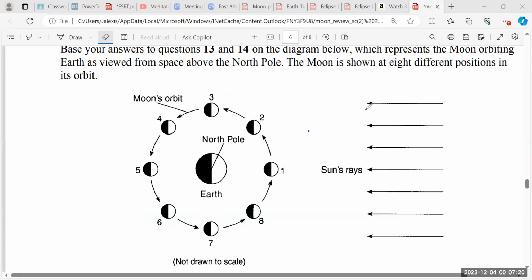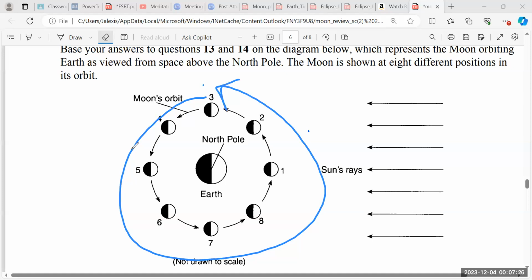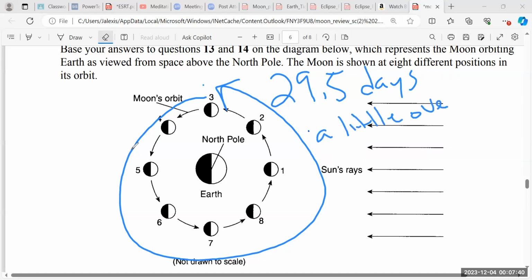One of the first things I do know is, to go from position 3 all the way back to position 3 is going to be how long, everybody? 29.5 days. You can even say a little over 4 weeks, so almost pretty much a month.